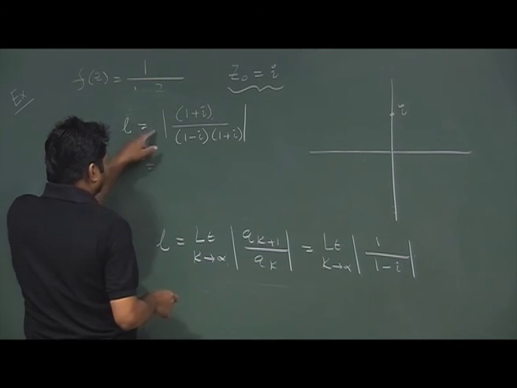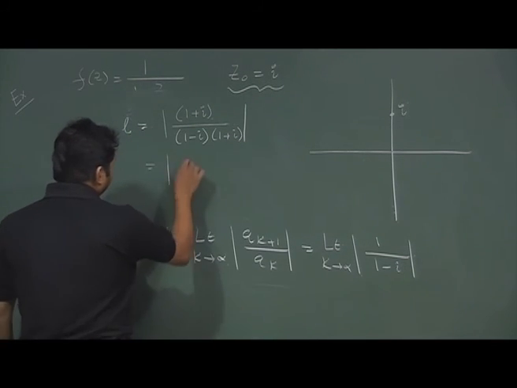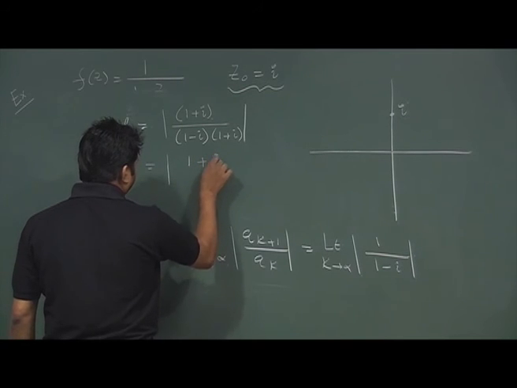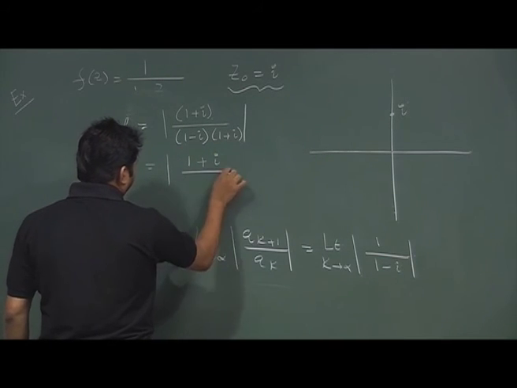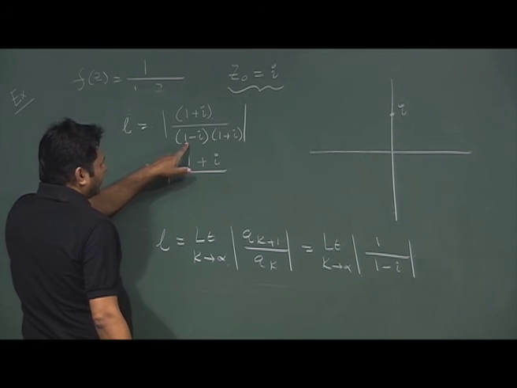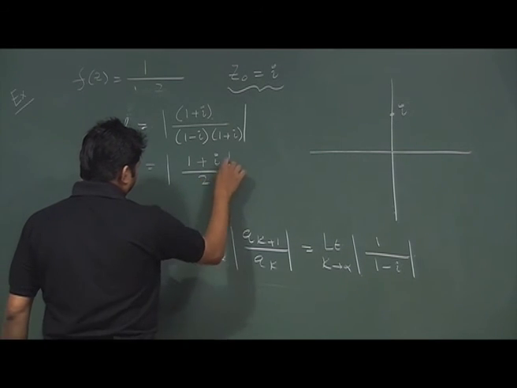So what is this quantity? It is 1 plus i, divided by a square plus b square, which is 2.